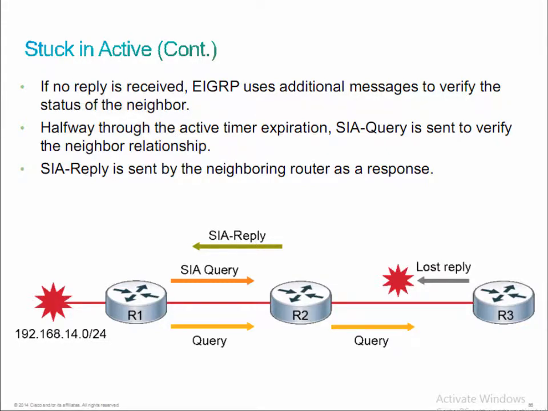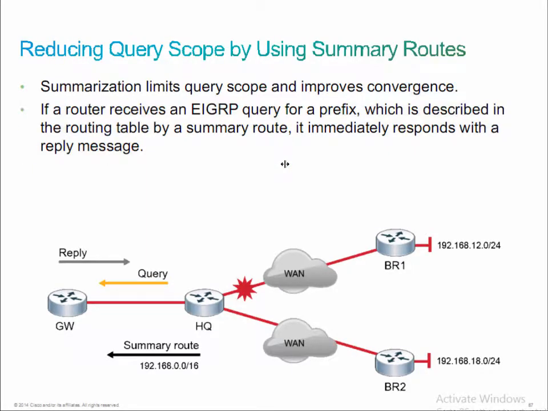Now, there's another way that we can help with reducing the load on the network, and that is to simply configure summaries. If I create a summary route that includes these networks behind, well, this is a supernet, a huge summary, 192.168.0.0/16, which clearly would include those two networks, but it would include a whole bunch more.